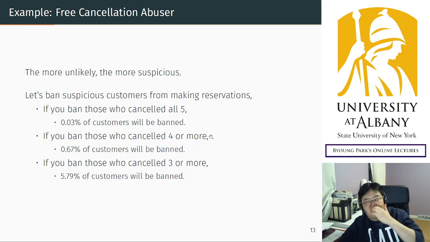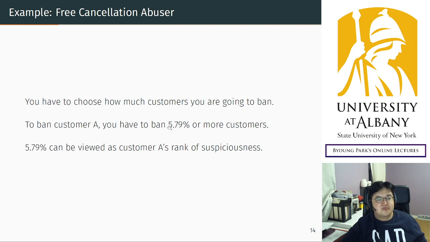So you have to make your standard considering the potential collateral damage. You have to ban someone, but when you ban someone, some honest customers are banned because they are unlucky. So your choice depends on how much you are willing to sacrifice honest customers. That is the basic approach to this decision, and we are going to interpret the percentage as a rank.